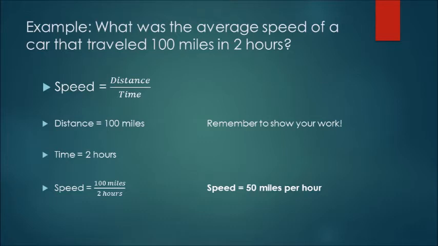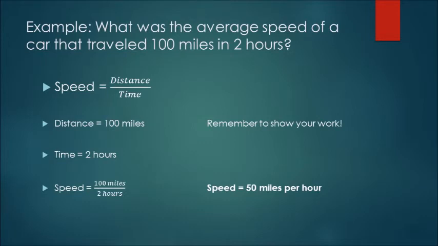First, let's write out our equation. Speed is equal to distance over time. Let's write out the information that we know. The distance traveled was 100 miles. Time: it took 2 hours to travel those 100 miles.